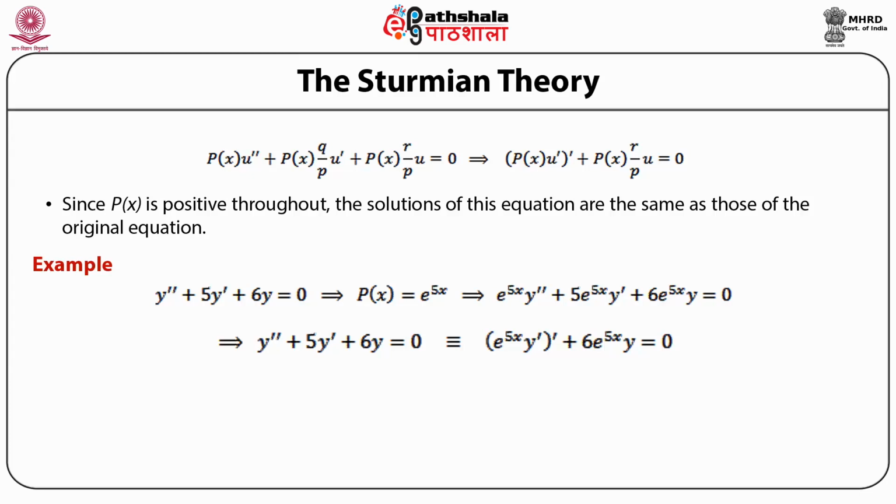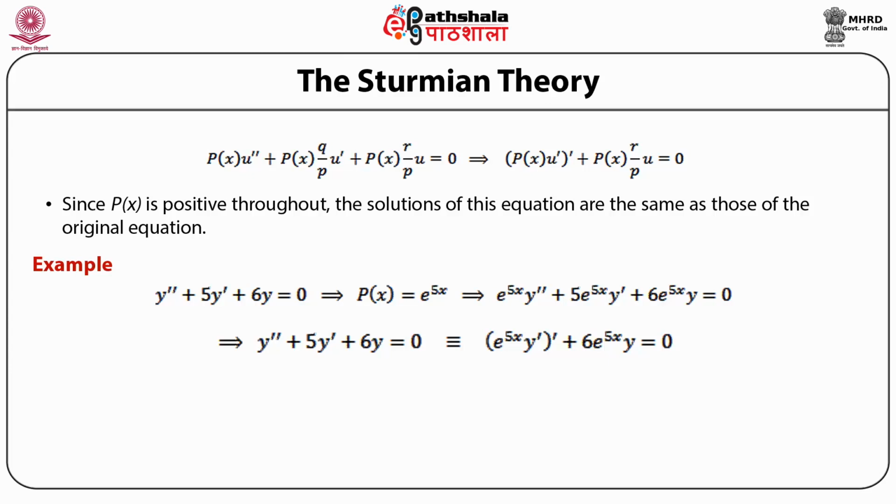This implies P of x is equal to e raised to the power 5x, which implies e raised to the power 5x into y double prime plus 5 into e raised to the power 5x into y prime plus 6 into e raised to the power 5x into y is equal to 0.